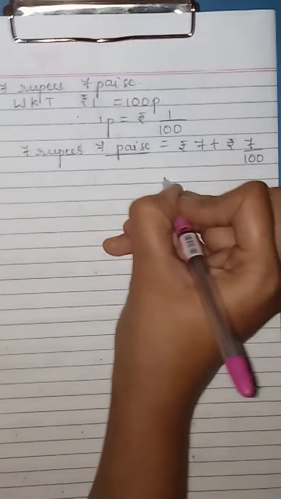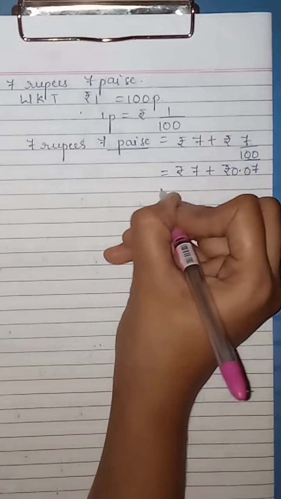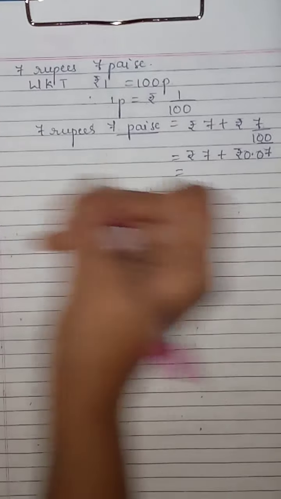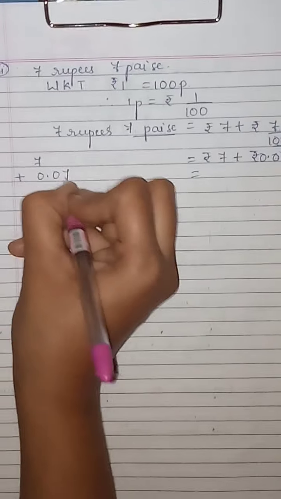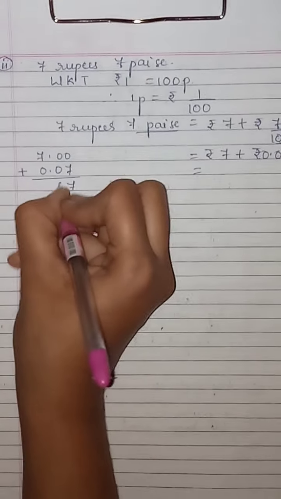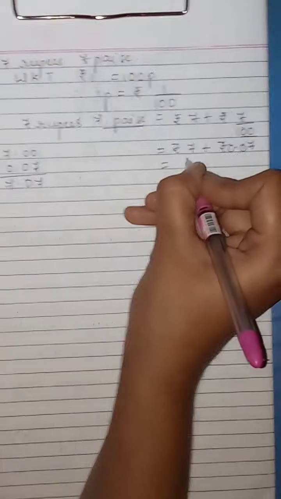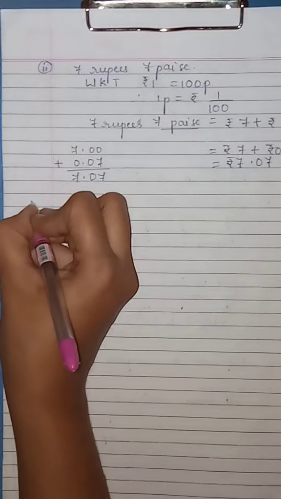That is rupees 7 plus rupees, expressed in decimal form, 7 after 2 digits give the decimal point, 0.07. Now you add both. 7 plus 0.07. You can add 2 zeros here. Now you add 7 here, 0.7. So rupees 7.07.